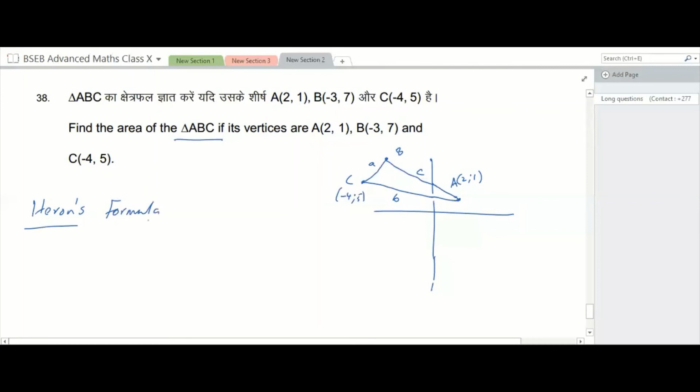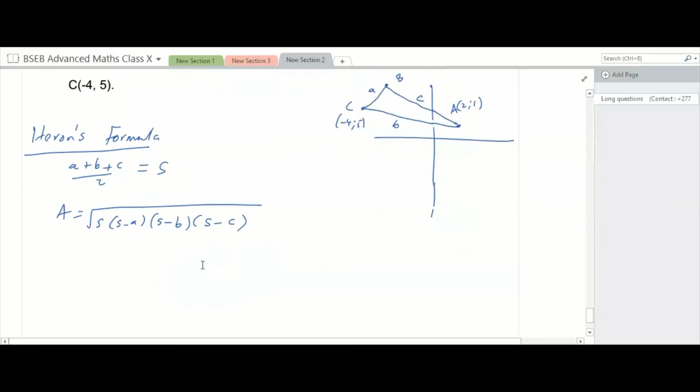So in Heron's formula, we know A plus B plus C over 2 is equal to S, and the area of the triangle is equal to the square root of S into S minus A, S minus B into S minus C. Now we need to go and find what is ABC.